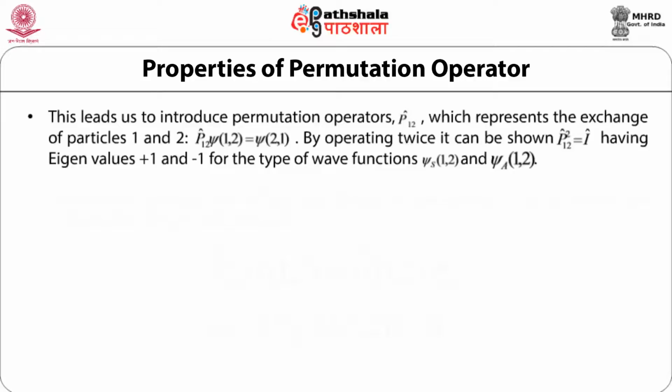That is, if the wave function is symmetric, psi subscript s12, then the eigenvalue is +1, and if the wave function is antisymmetric, psi subscript a12, then the eigenvalue is -1.